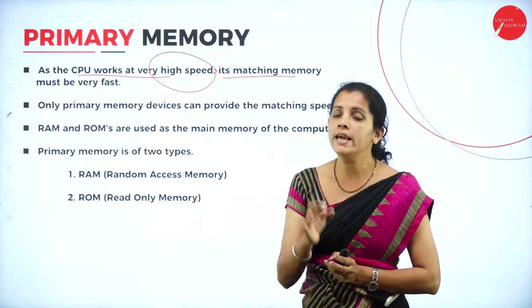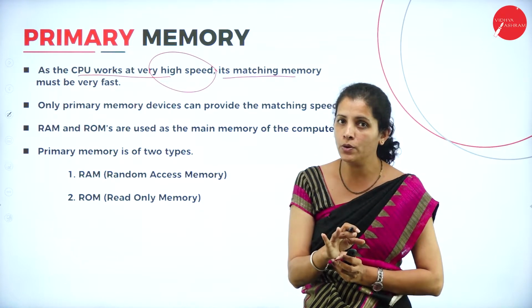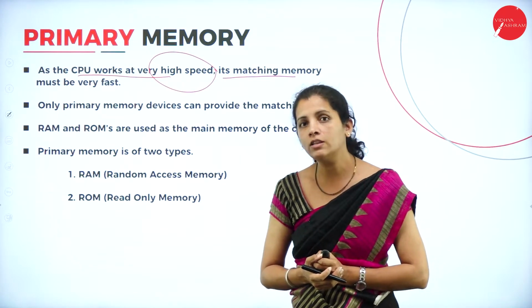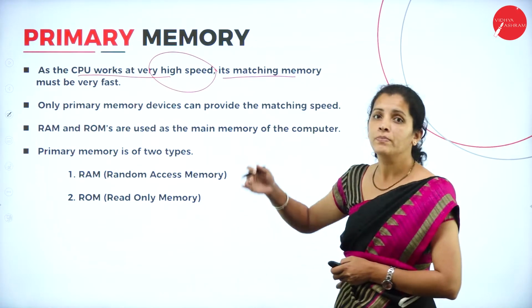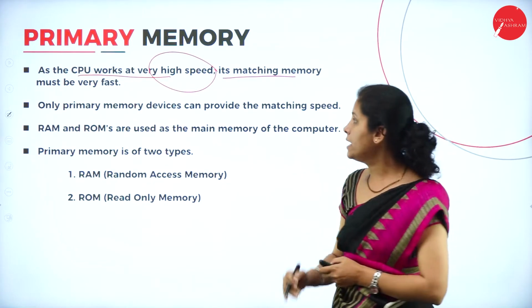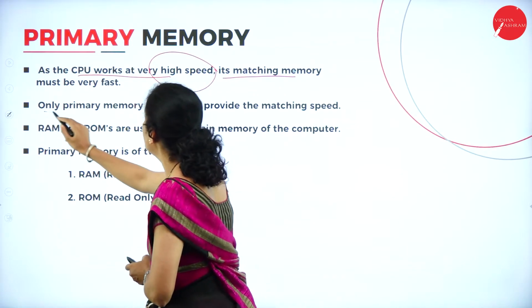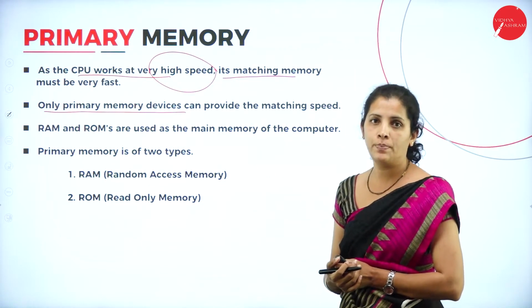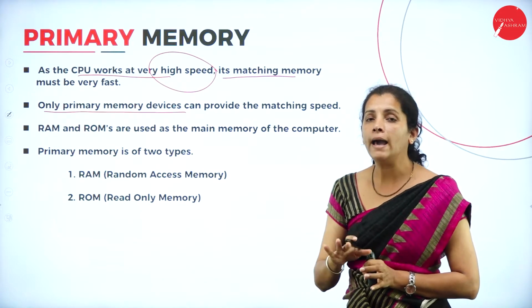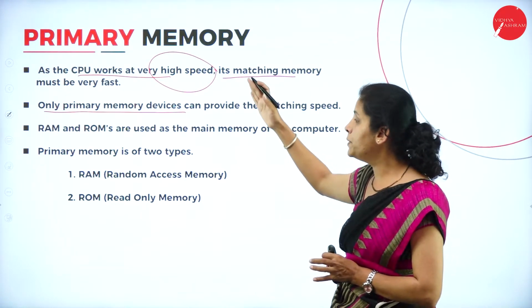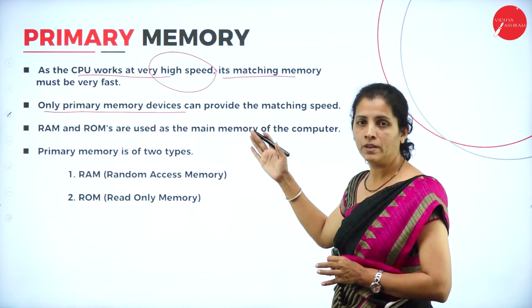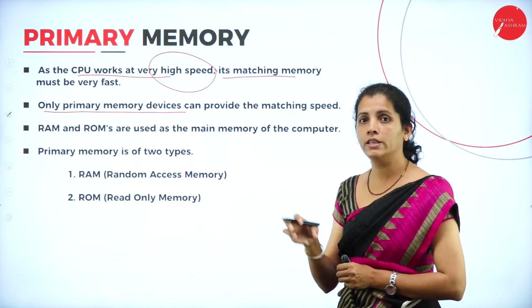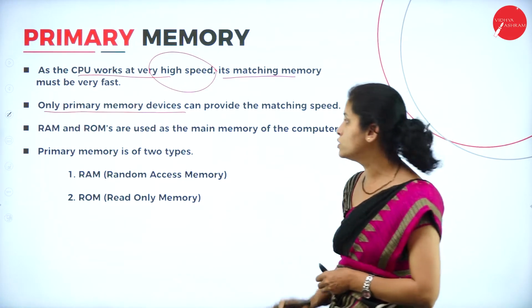So to match the execution speed of the CPU, what do I want to do? I want to get all the data or all the files stored in the secondary memory to primary memory. So only a primary memory device can provide the matching speed. Now I want to balance the speed between the CPU and primary memory. So for that reason, I'm going to get the data stored in the secondary storage to primary storage.